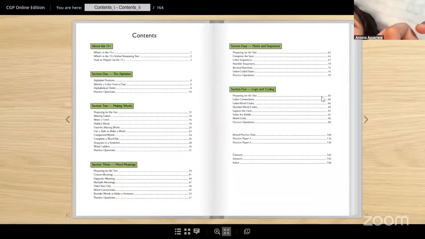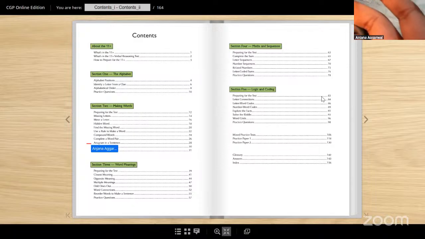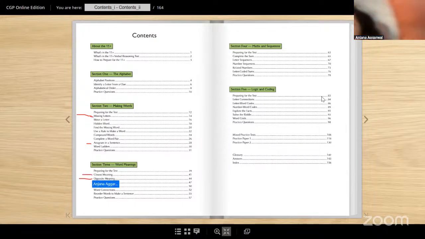Okay, let's start. This is all for vocabulary right now. This one I have never heard.